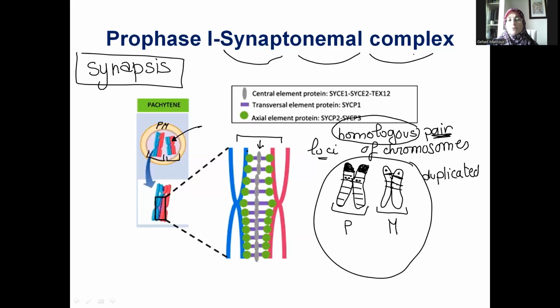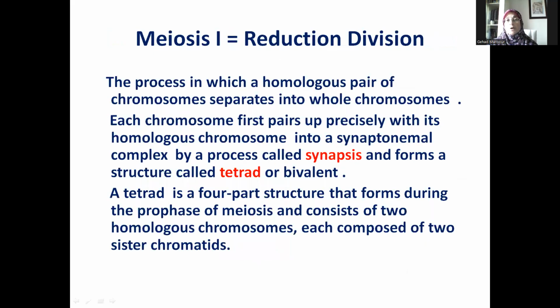A complex of protein molecules that helps synapsis, and that's why we call it a synaptonemal complex. So the process in which a homologous pair of chromosomes are arranged next to each other precisely is called synapsis. And the shape you see is a tetrad.